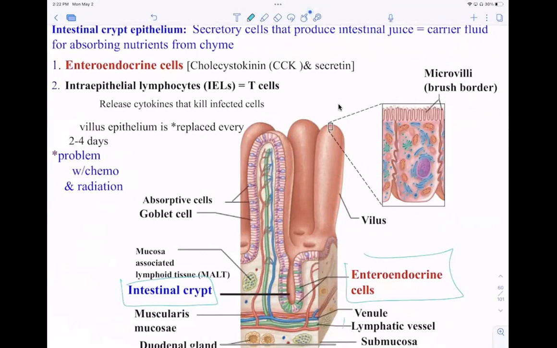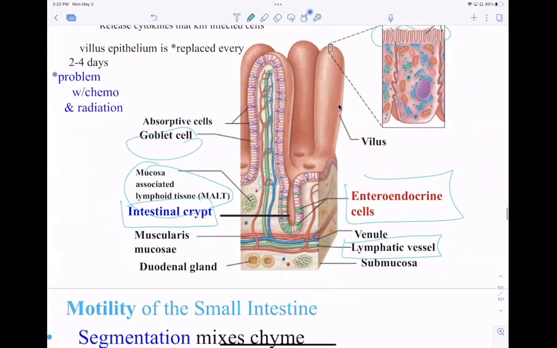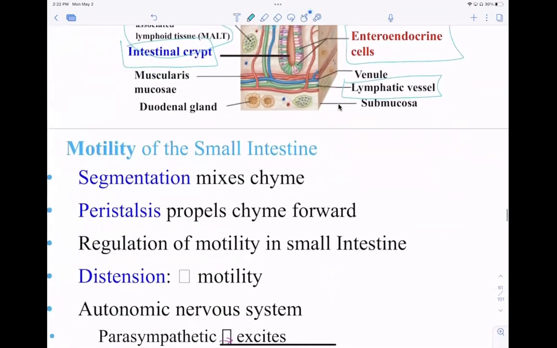So the green are lymphatic vessels, along with mesenteric capillaries here, the blue and red. The absorptive cells with these microvilli and brush border enzymes are here. Goblet cells help produce mucus as well. Mucosal associated lymphatic tissue is part of your immune system.